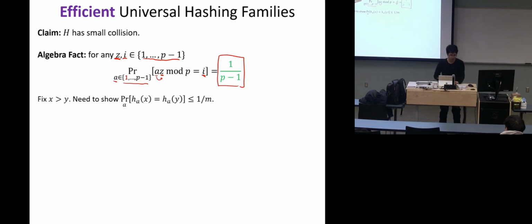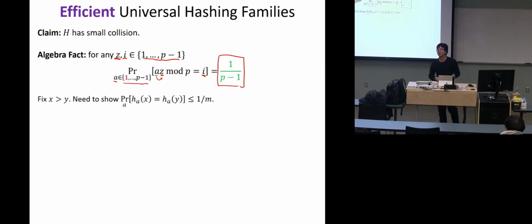And this is where we need p to be a prime. The reason behind this is algebra: the multiplicative group of a finite field is cyclic. That's why this is true.